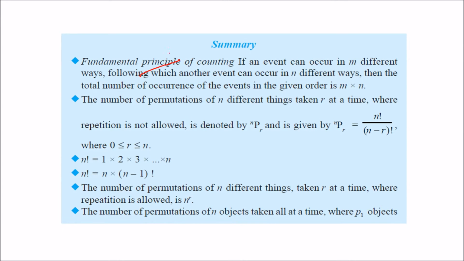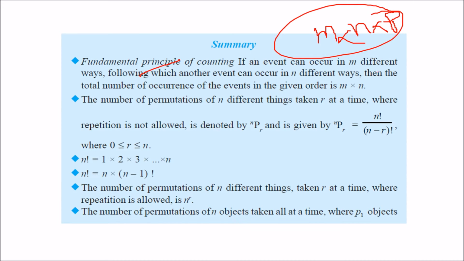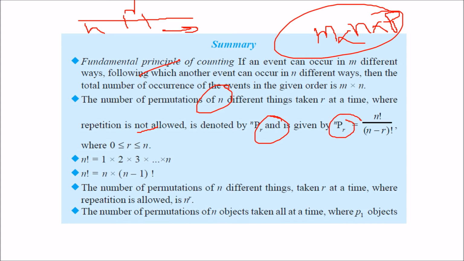So let us summarize. This is the fundamental principle of counting. That means if something happens in M ways, the next one in N ways, the next one in P ways, then all of these occurring is M into N into P. The number of permutations of N different things taken R at a time, where repetition is not allowed, is denoted by NPR, which is equal to factorial N by factorial N minus R. Factorial N is nothing but 1 to N, and factorial N is N times factorial N minus 1.